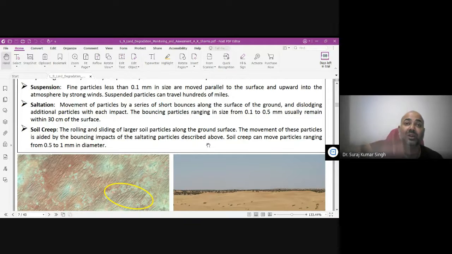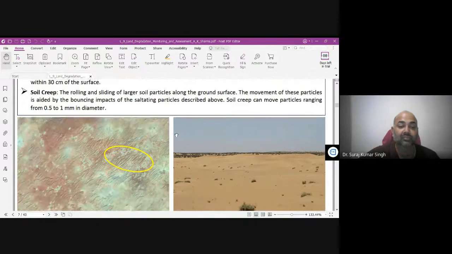There is no upward movement. In suspension we have movement for thousands of kilometers upwards, in saltation a few centimeters away it will fall down and break up, and in soil creep there is rolling and sliding of large soil particles along the ground surface. The movement of these particles is aided by the bouncing effect of saltation particles described above. Soil creep can move particles ranging from 0.5 to 1 millimeter.